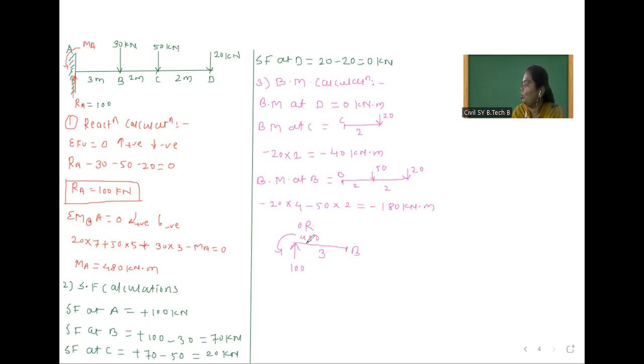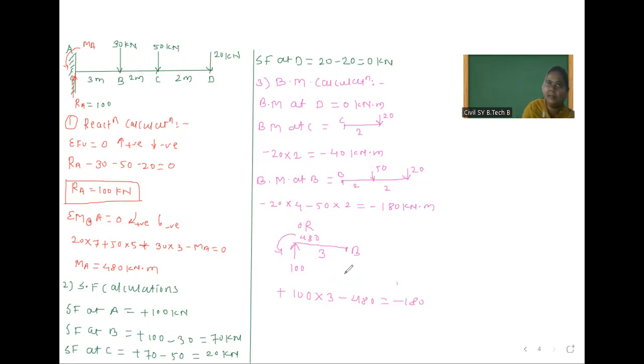So this 100 pushes upward. That means plus 100 into perpendicular distance 3. And this 480 pushes downward, so automatically minus 480, which is equal to minus 180. So whether you calculate moment from the left side or from the right side, you will get the same answer.